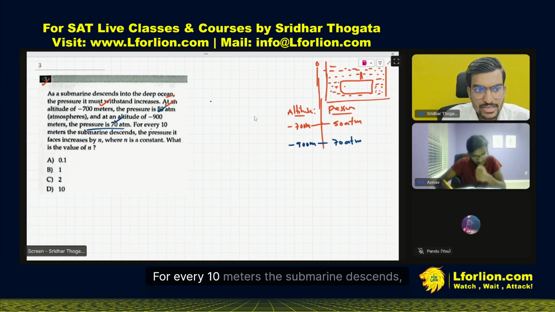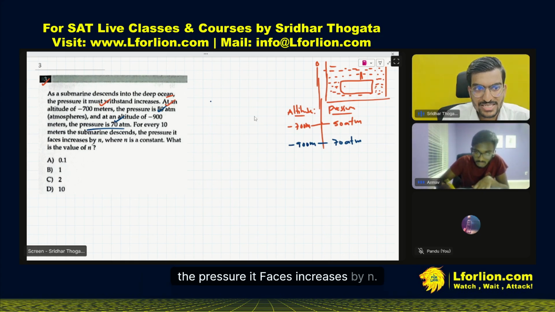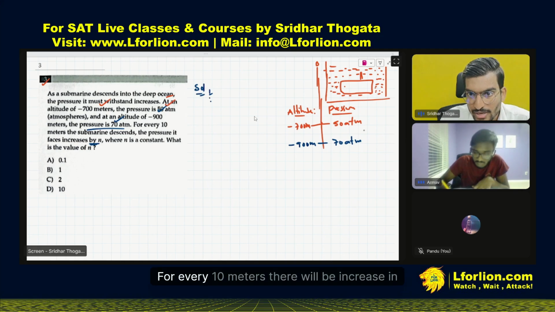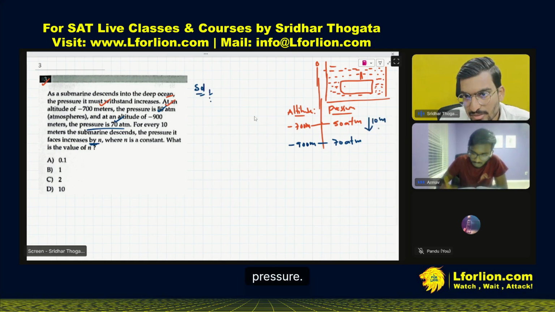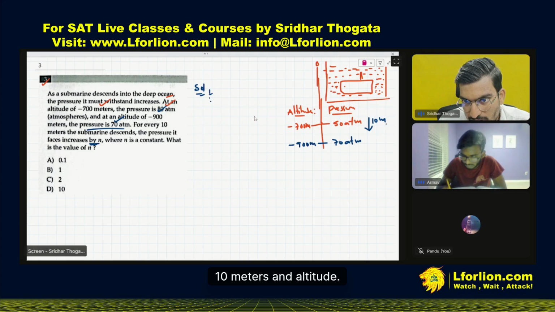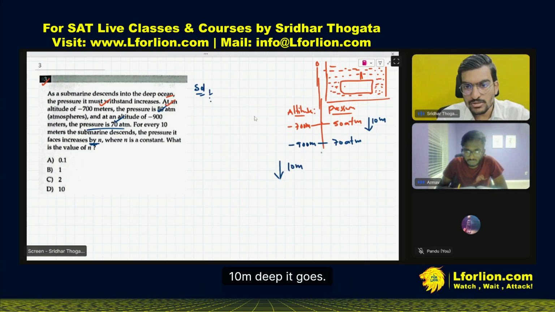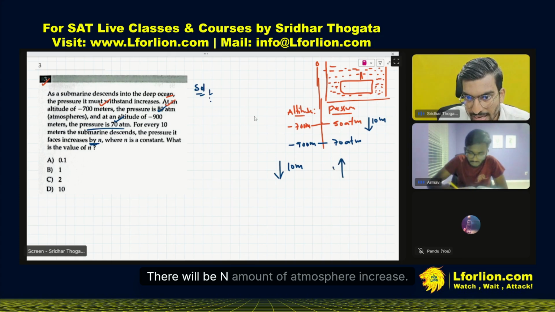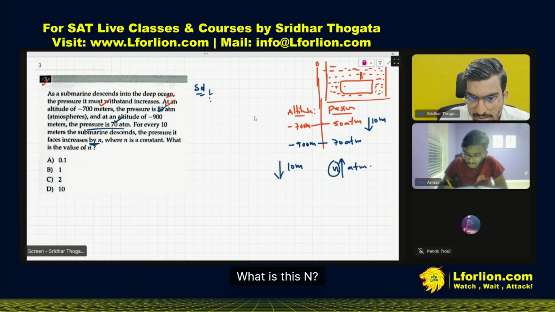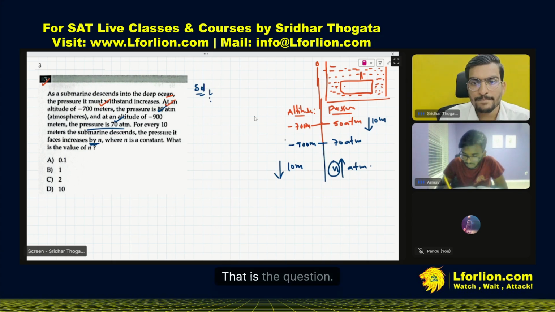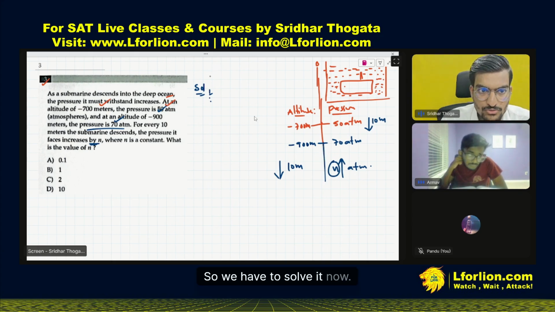For every 10 meters the submarine descends, the pressure it faces increases by n. For every 10 meters deep it goes, there will be n atmospheres of increase. What is this n? Do you understand? That is the question. So we have to solve it now.